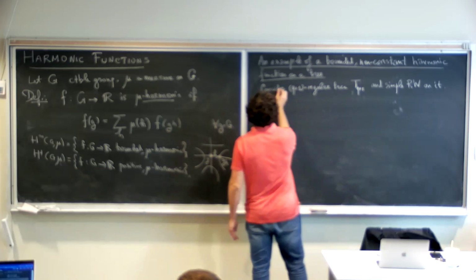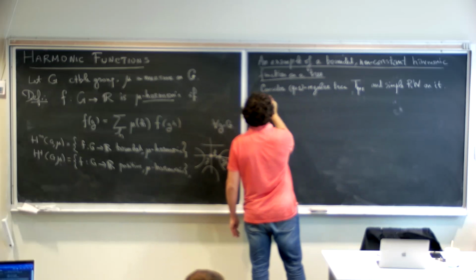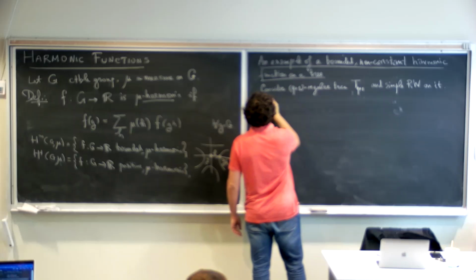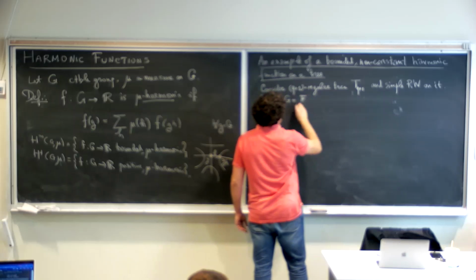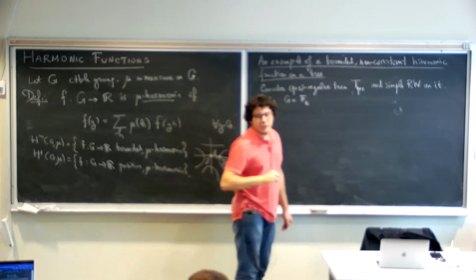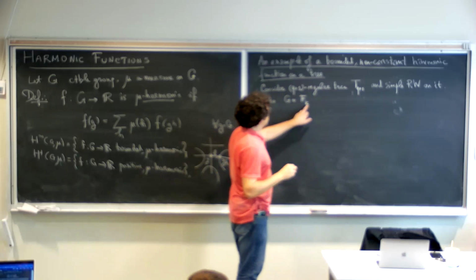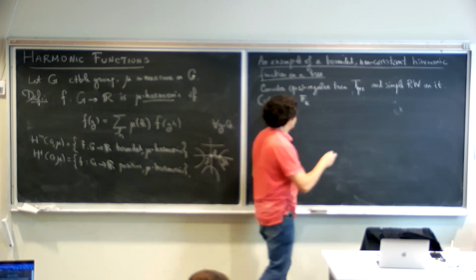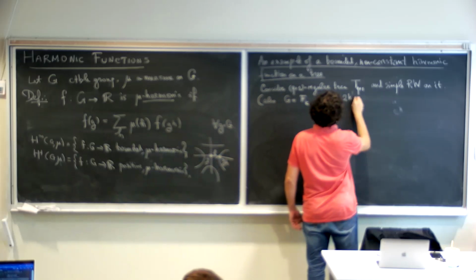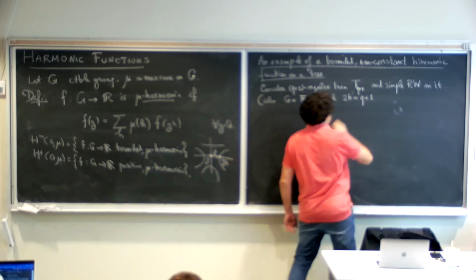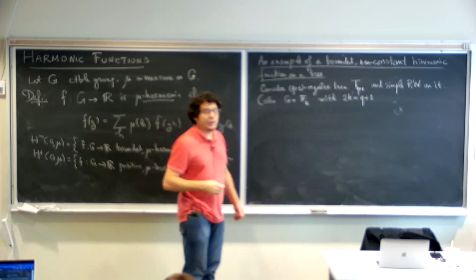So in terms of groups, similarly, you can take G to be the free group F on k generators, where of course 2k is q plus 1. Same thing.